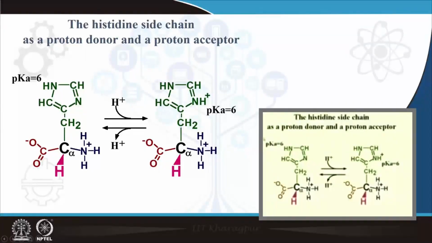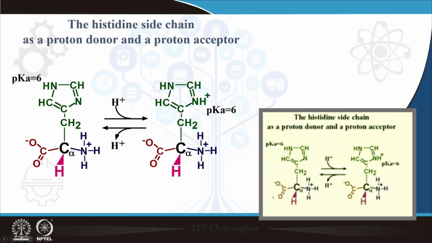Okay, so let's get back to our understanding of the proton donor and proton acceptor capabilities of the histidine side chain. The pKa of 6 means that when there is an equilibrium at a certain pH, it can either accept the proton or it can donate the proton. Okay.